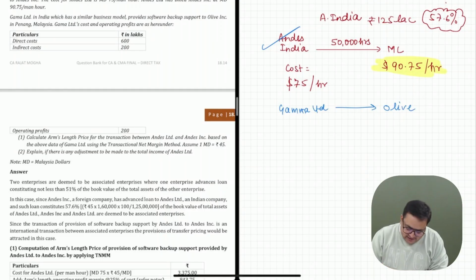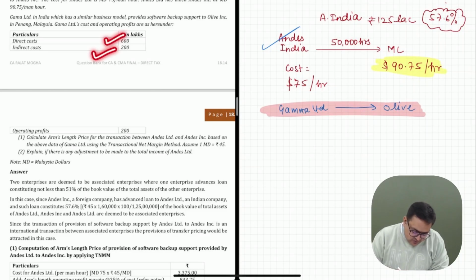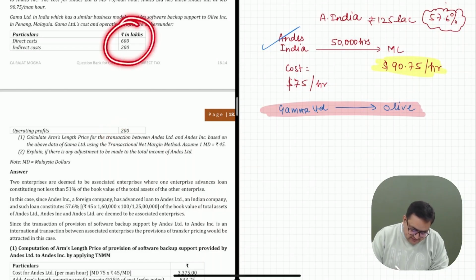Guys, can you calculate the profit margin of this company? The direct cost is 600 lakh, indirect cost is 200 lakh, and operating profit is 200. So the total cost is 800 and operating profit is 200.